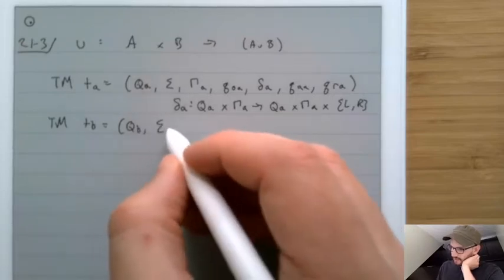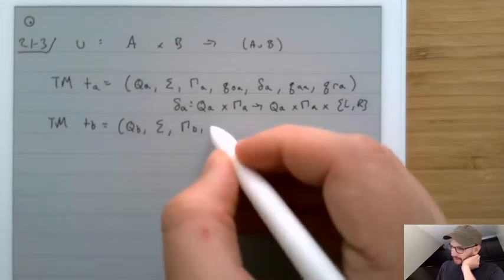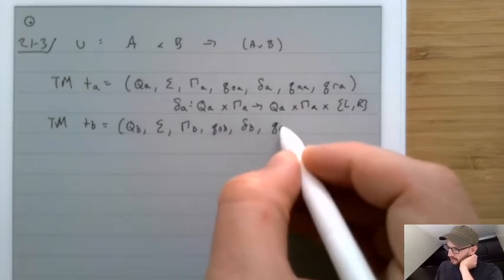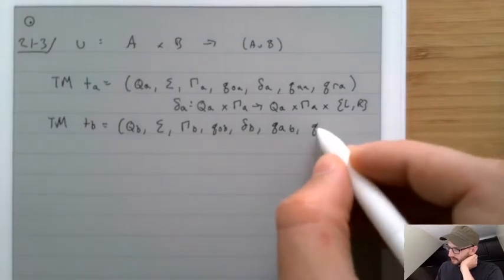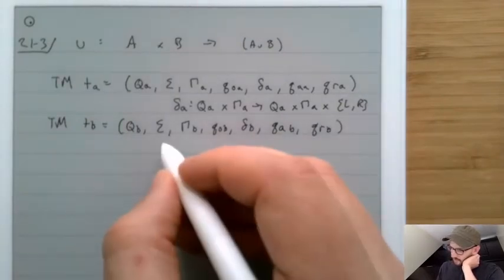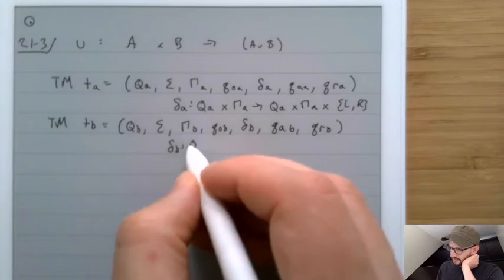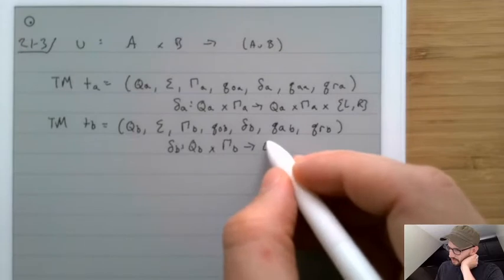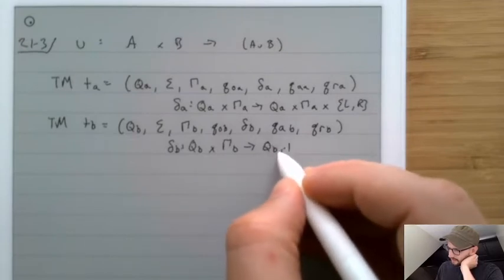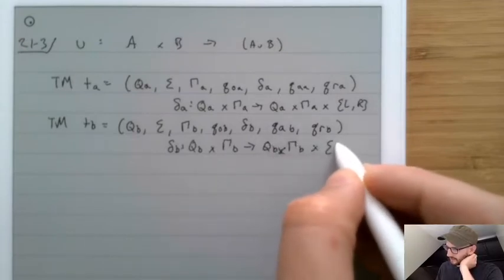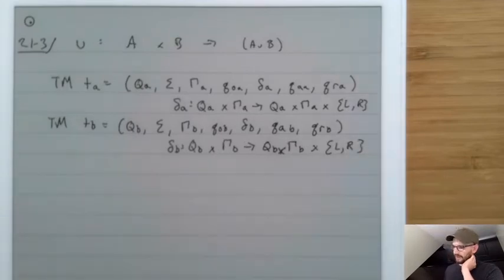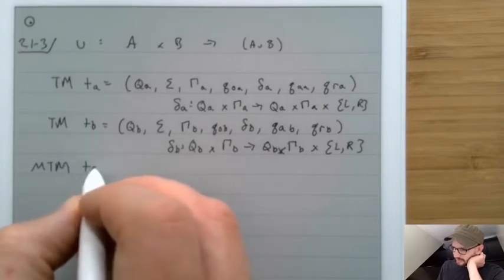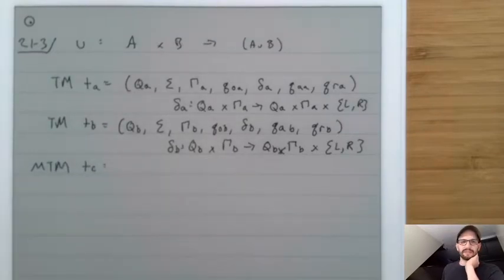It's got Q_B, sigma, gamma_B, q0_B, delta_B, qa_B, and qr_B, where delta_B's type is Q_B, gamma_B to Q_B cross gamma_B cross LR, right? And we're going to return a multi-tape Turing machine, TC. Now let's say what all its pieces are.